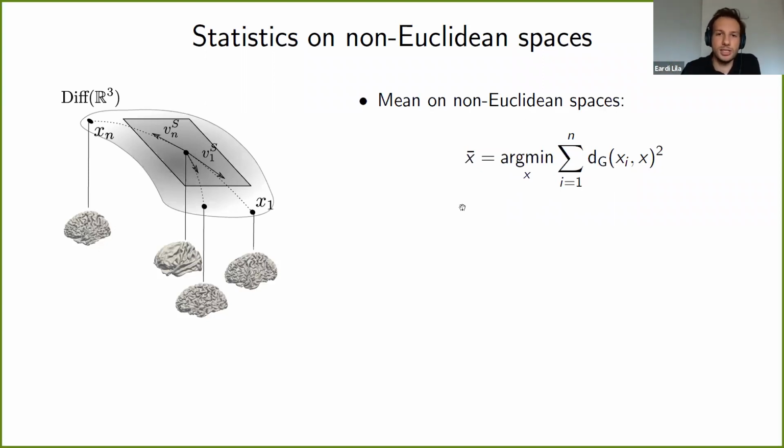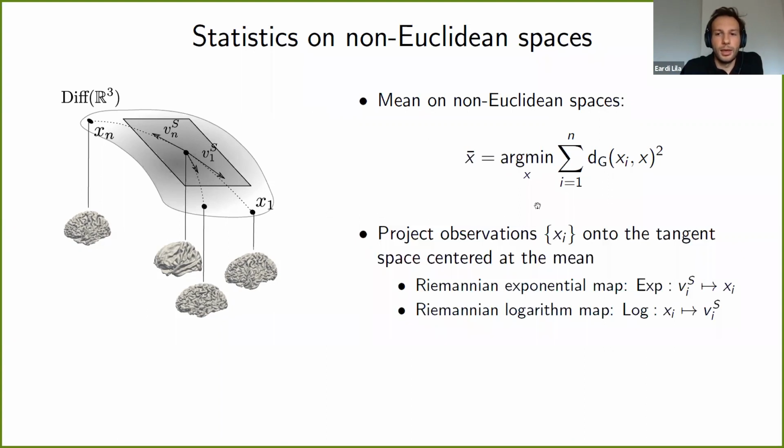And this is a generalization of the mean to non-Euclidean spaces or to manifolds, which really means non-linear manifolds, which really means spaces that have some geometry which is not the elementary geometry of R3, where you can draw straight lines. And then to really do statistics on this object, you need a bit more structure. You need a Riemannian structure, it's called.